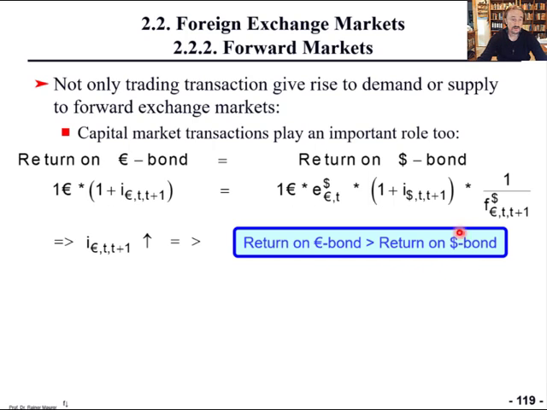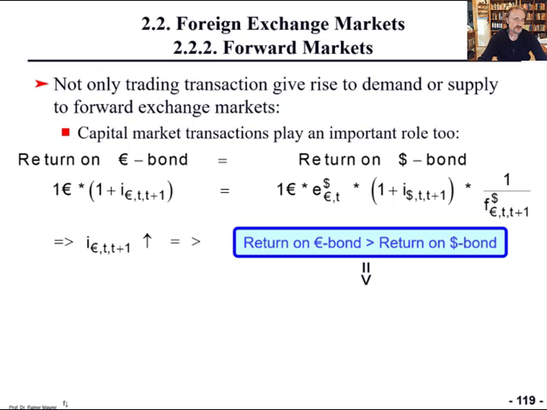So now Americans would have an incentive to invest more dollars into euro bonds, and by the end of this investment they will have euro returns which they have to repatriate, bring home, in exchange for dollars.